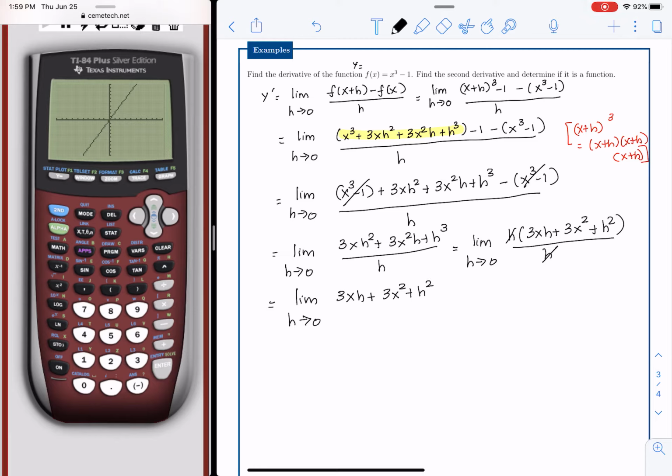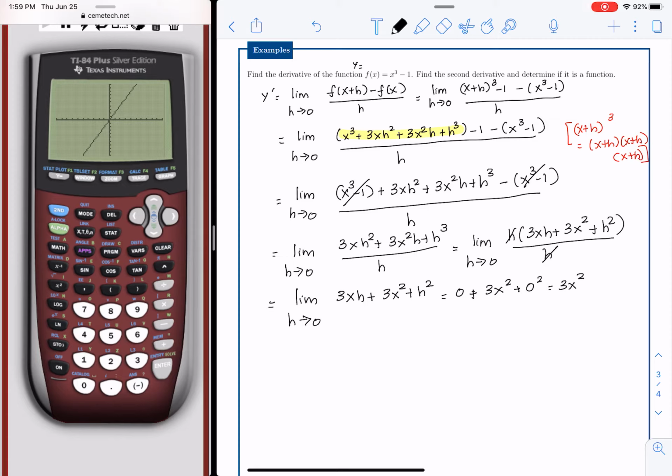And if we apply the limit, the first term is going to go away because h is approaching 0, so the first term would become 0 as there is an h there. The second term doesn't change. The third term is 0 squared. So the first derivative is 3x squared.